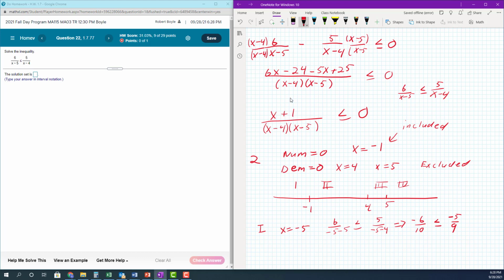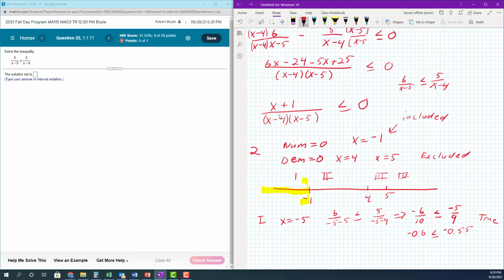Now, it's probably not clear if this inequality is true or not, so we can actually use the calculator to get some values. This, of course, is going to be -0.6. This is going to be less than or equal to -0.55. And indeed, -0.6 is less than -0.55, so this is true. Which means that this interval, including -1, will be part of the solution. Okay, so that's interval 1.